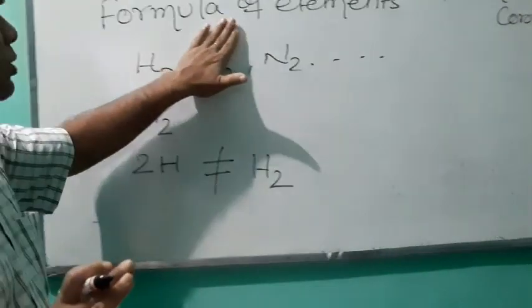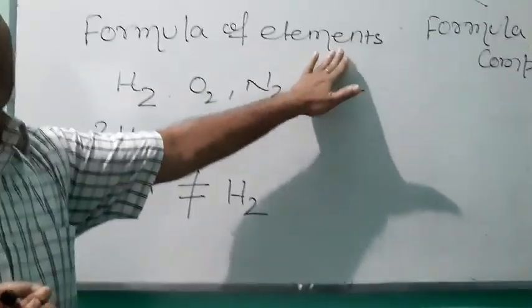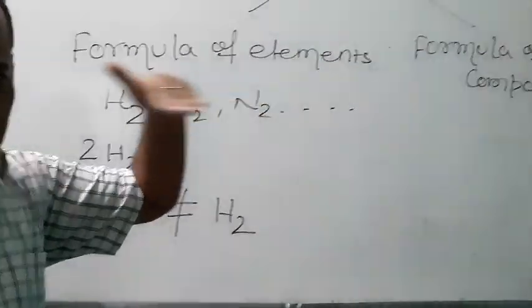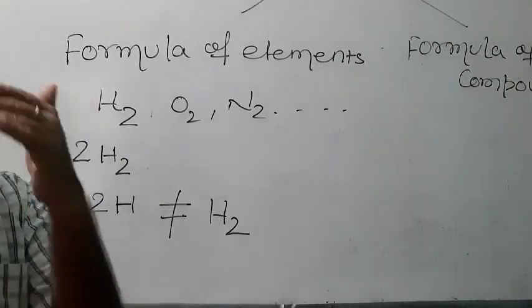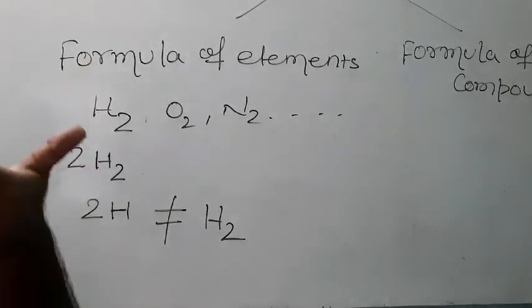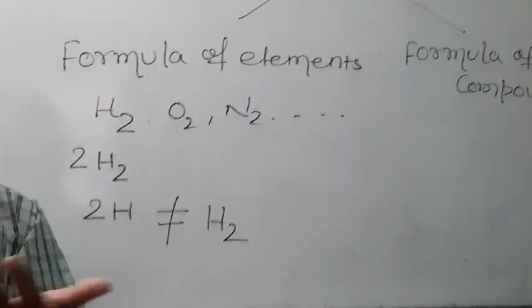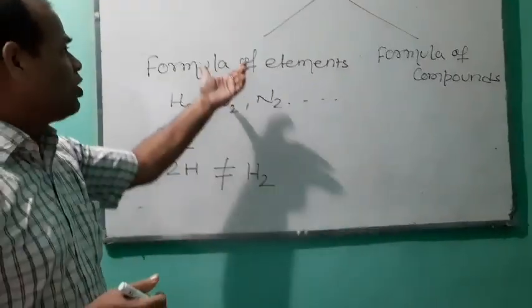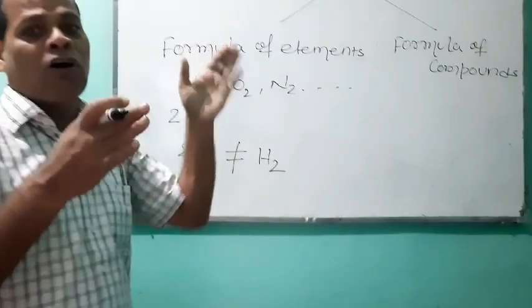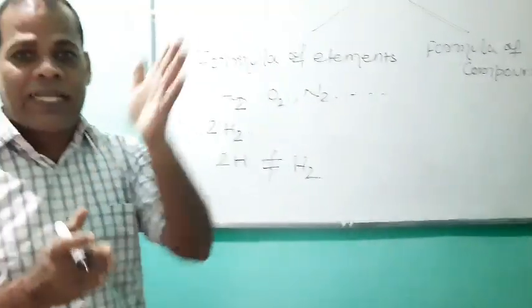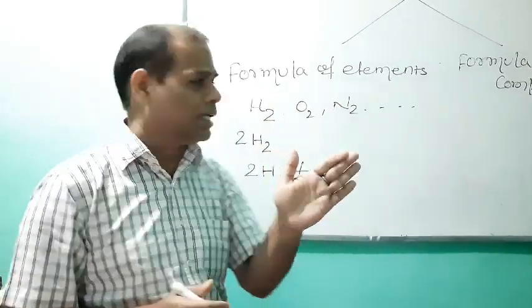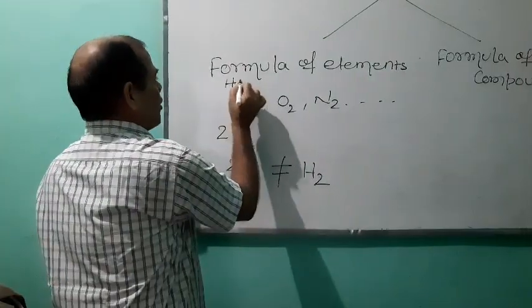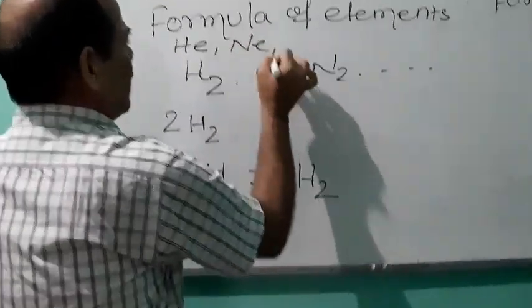So this is about the formula of elements. The atoms which exist in a molecular form or even in an atomic state, we represent as a formula of elements. Like the inert gases helium, neon, argon.